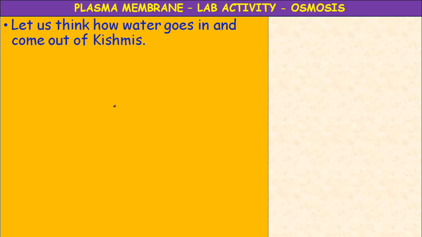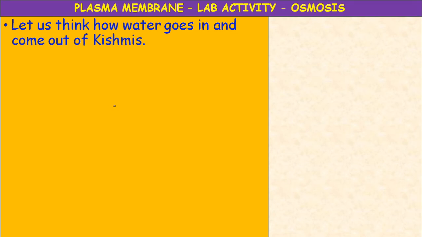We also did another experiment in which we kept that swollen kishmish in a saturated sugar solution, and after overnight we observed that the water from the swollen kishmish comes out and the kishmish shrinks.